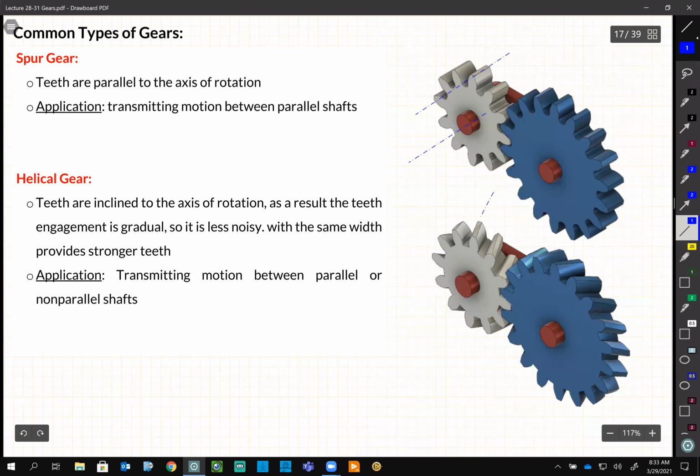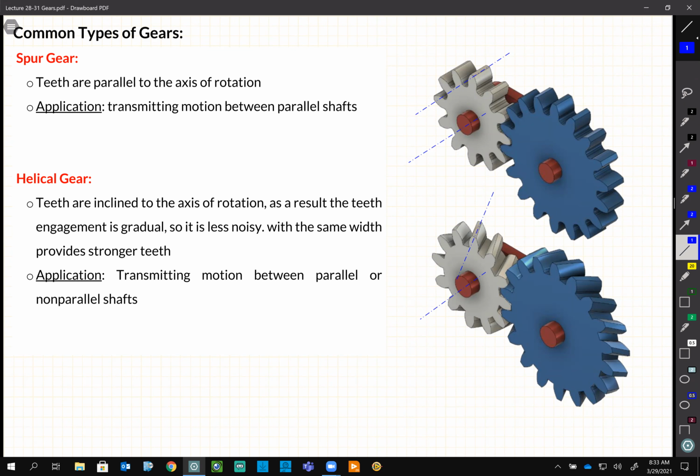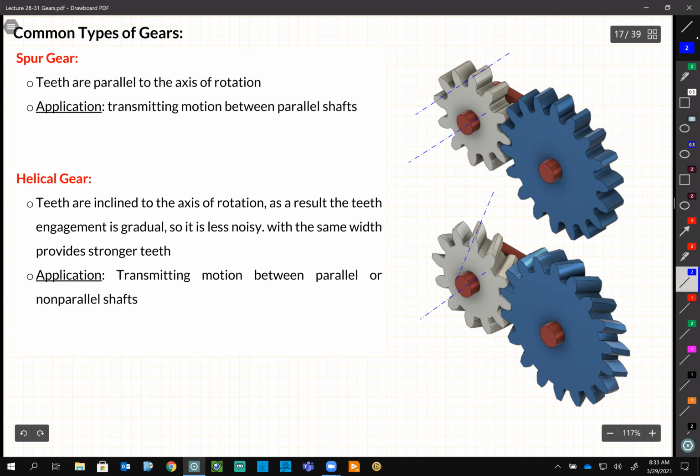But for a helical gear, I showed you, there is an angle between them. So if I show the top view of the same gear, where are my lines? Okay, somewhere here. This is one gear, and then the other one.